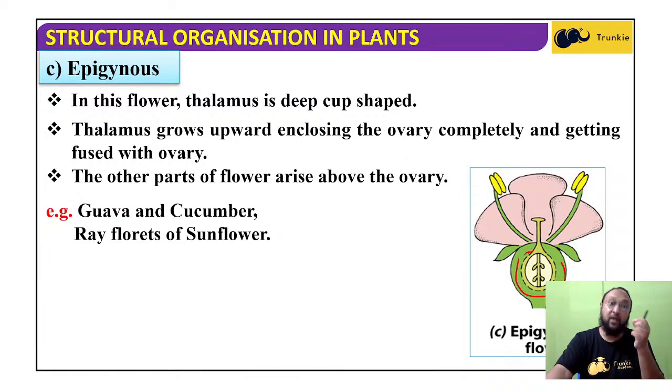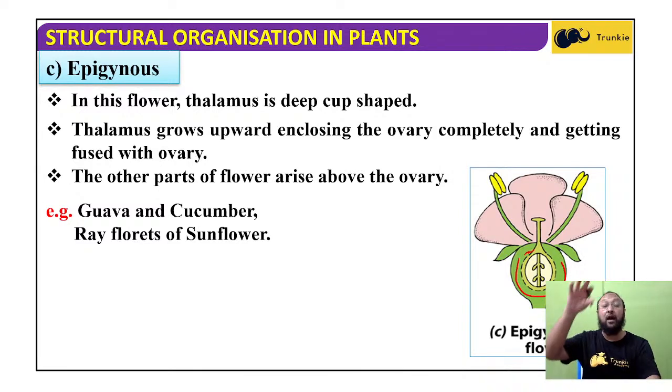Sunflower ray florets. There are two types of florets in the sunflower: disc floret and ray floret. Plants like the sunflower are the most advanced group in the plant kingdom, like human beings among mammals. Obviously, the angiosperms are the most evolved group, like mammals in the animal kingdom.